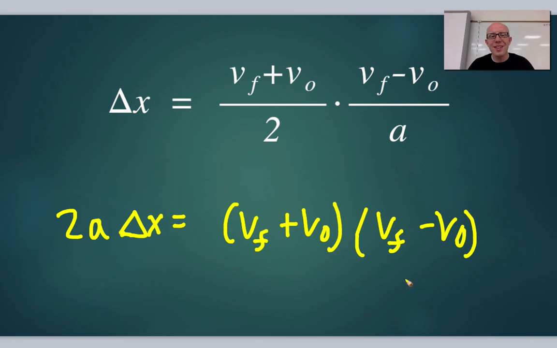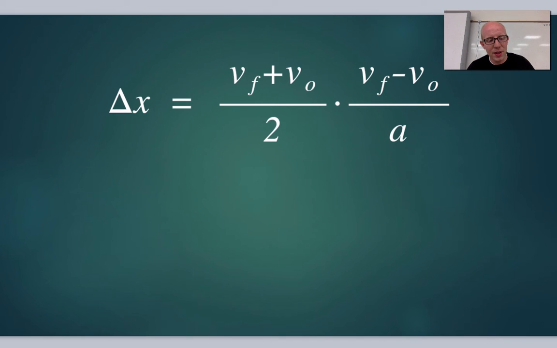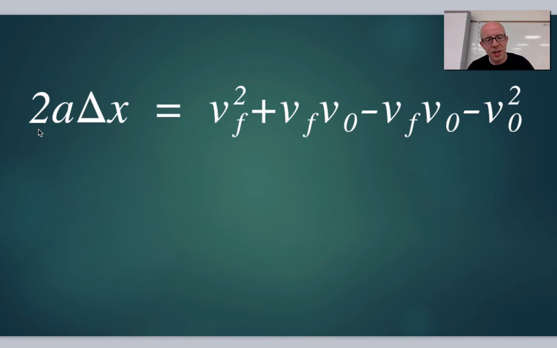Okay, now if you remember algebra, we're going to have to do FOIL method, right? We're going to have to distribute this twice basically to multiply this thing out. Okay, now I've already pre-done this, and when we do that, we end up with this. 2a change in x equals v final squared plus v final v naught minus v final v naught minus v naught squared.